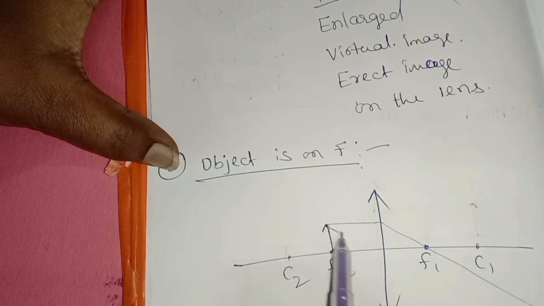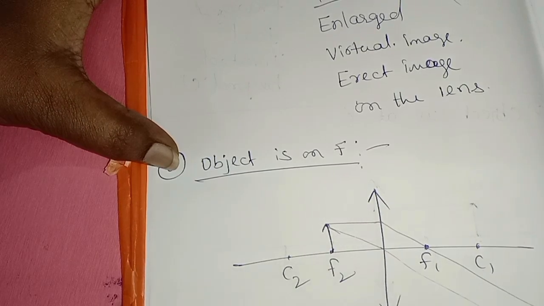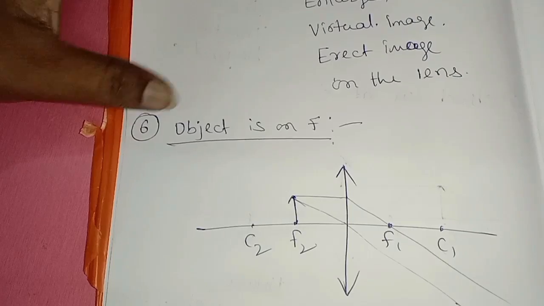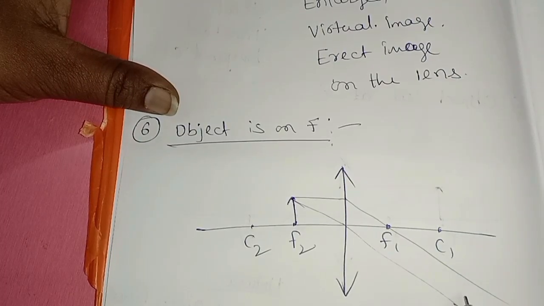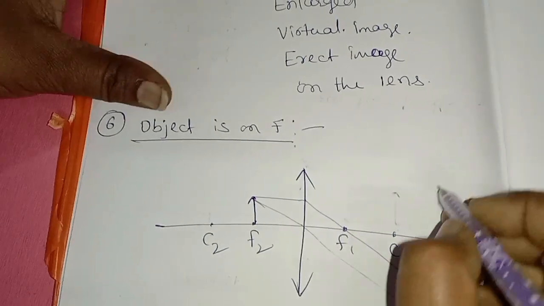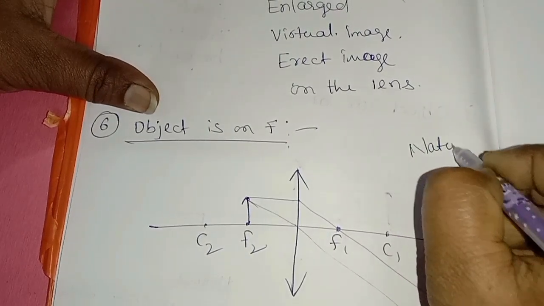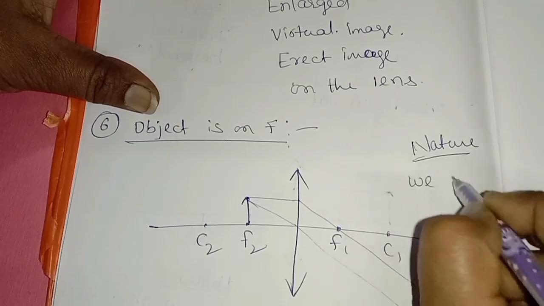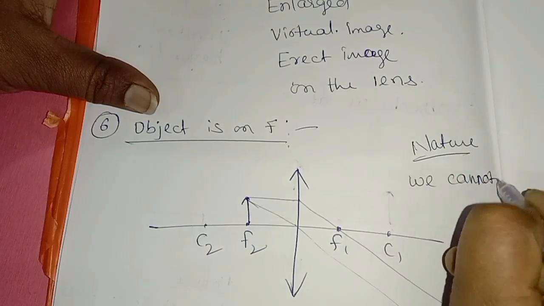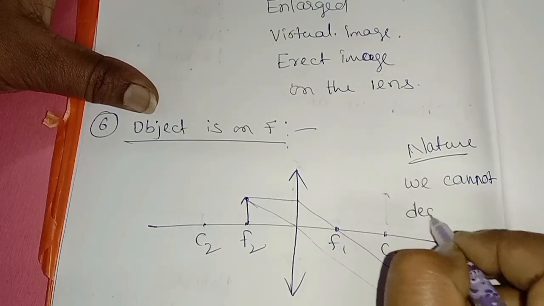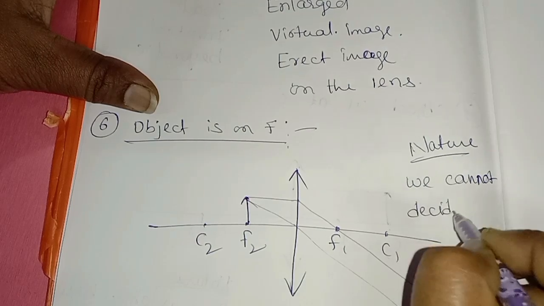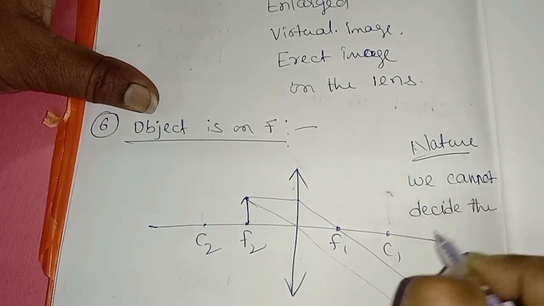Any light ray passing through the optic center will not deviate. See these two lines, they are parallel to each other. They cannot meet anywhere. So we cannot decide the nature of the image.